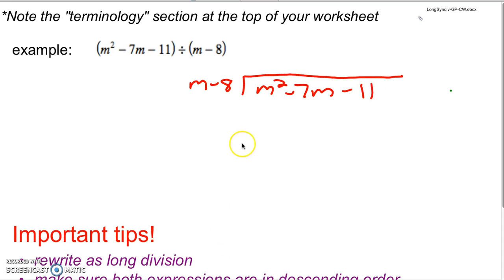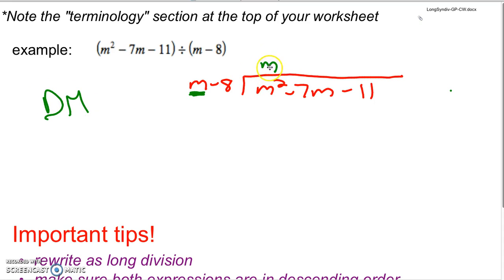We're going to look at this first term and see how many times it goes into this first term, m squared. M times what will give me m squared? The answer is m, and you put the answer above. That's our division.